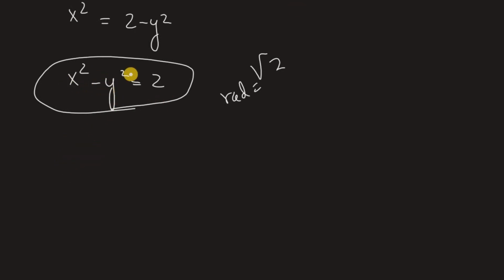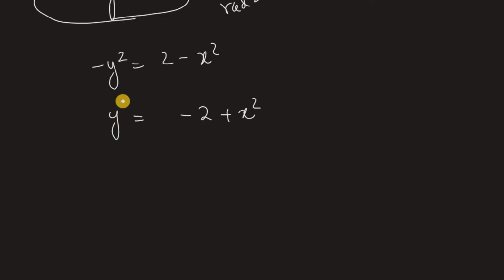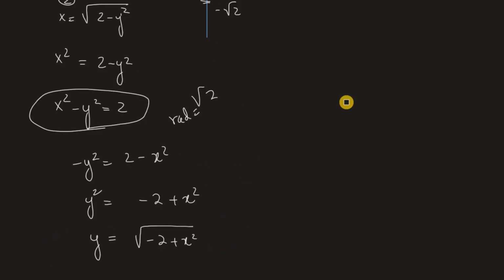In order to do this, let's move the x to the other side. Now getting rid of this negative, we get negative 2 positive x squared. We do have the square over here, so let's take the square root of both sides. Here we're left with y, and here we're left with square root of negative 2 plus x squared. So we got this equation for y.